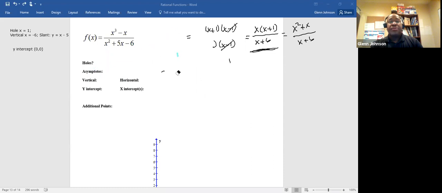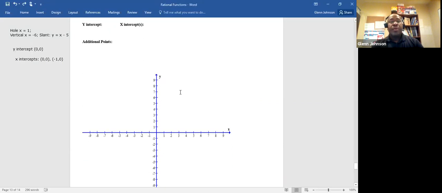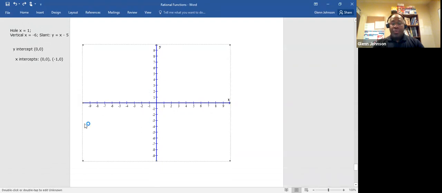All right, so we don't even look at what's happening in the original function for the intercepts. Okay, so now let's take a look and plot what we have so far.